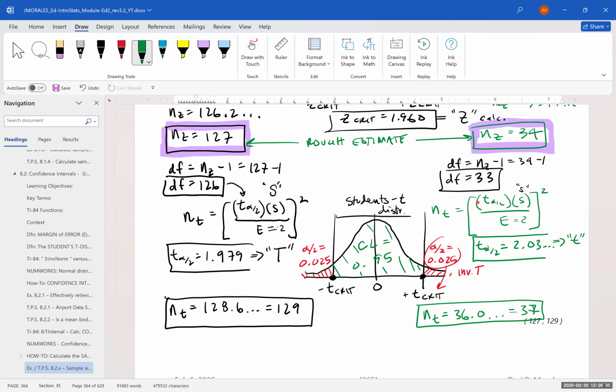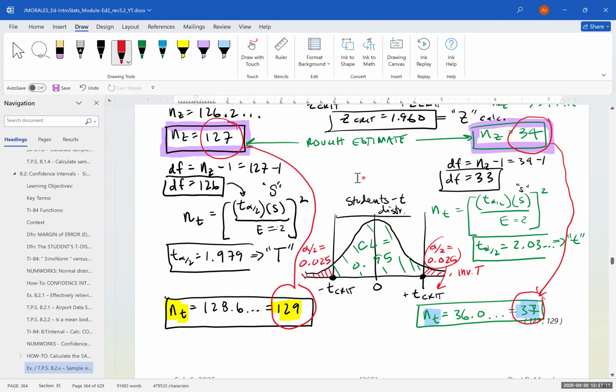All right. So you can see how the rough estimate gets us pretty close, but the finer estimate is just a little bit better to where we need to go.